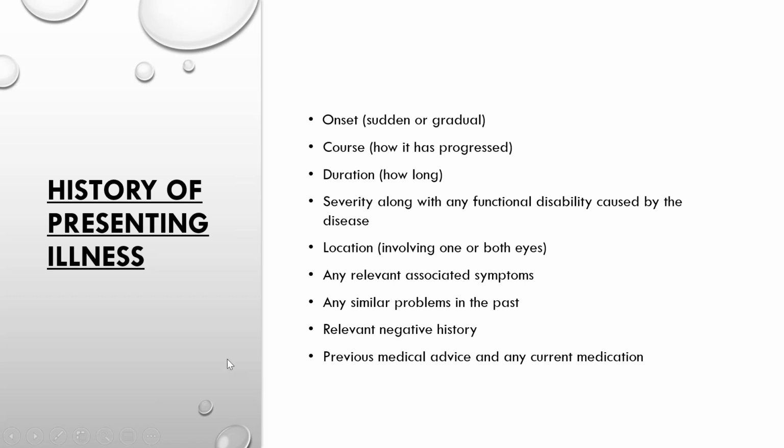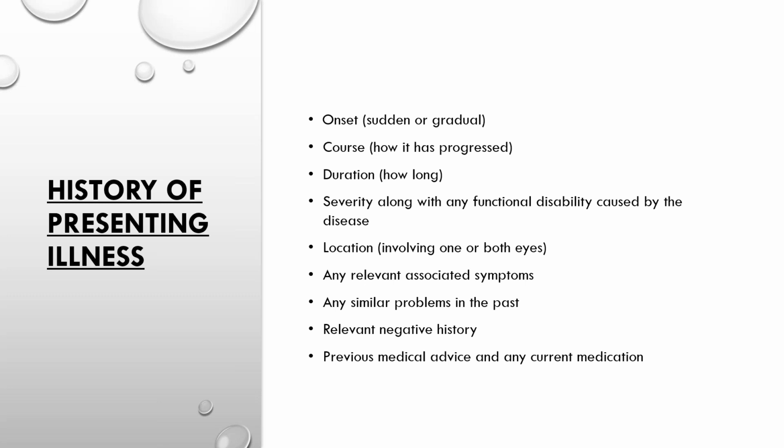So the next thing is duration, which you almost always record even in the chief complaints. Along with that, you have to know the severity of the complaint, right? So if the patient is coming to you with pain, then they'll be able to tell you whether it's a mild dull aching pain or a very sharp pain, so much pain that they are not able to open their eyes, right?